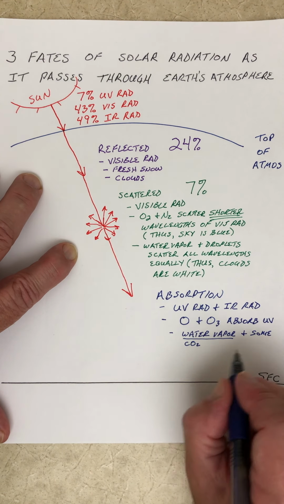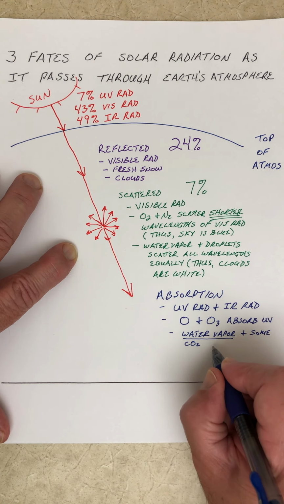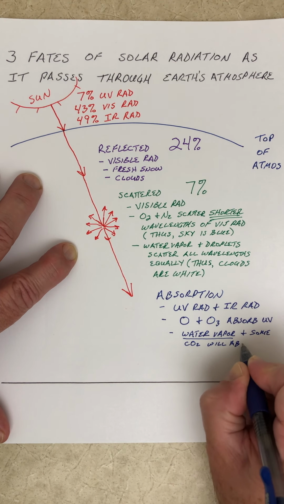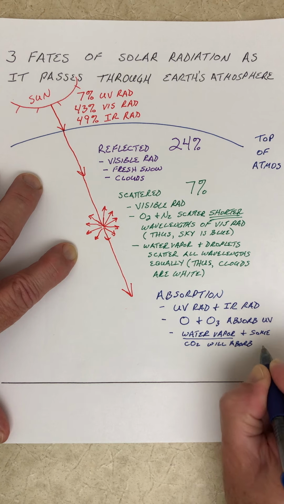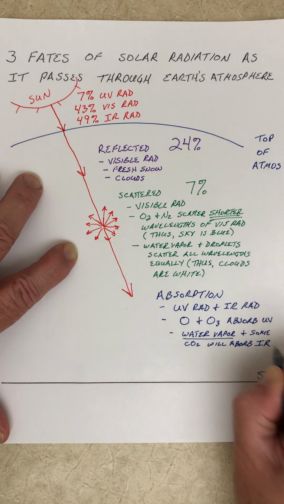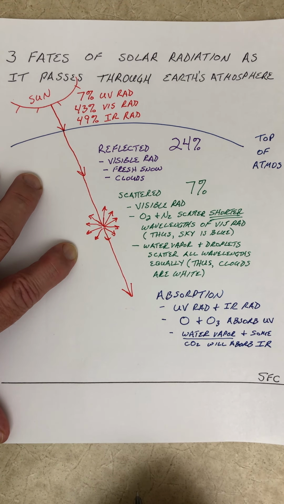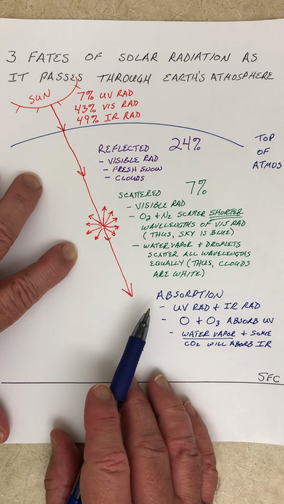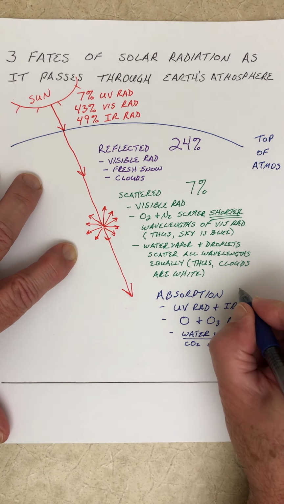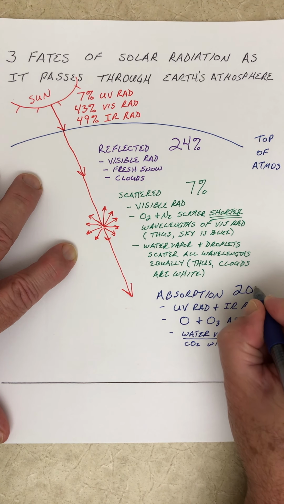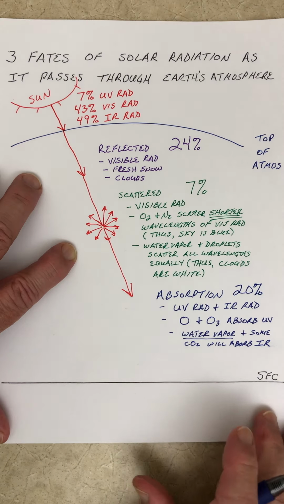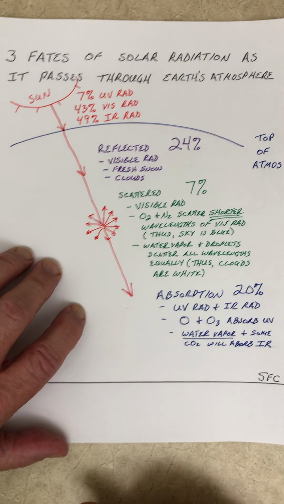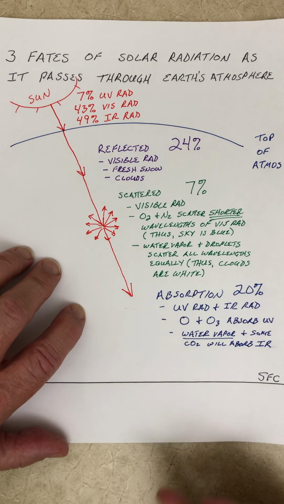Water vapor and some carbon dioxide will absorb infrared radiation. How much of the sun's energy as it passes through the Earth's atmosphere is absorbed? About 20%, which, think about it, is not too great a number. And we'll talk about that in the next section.